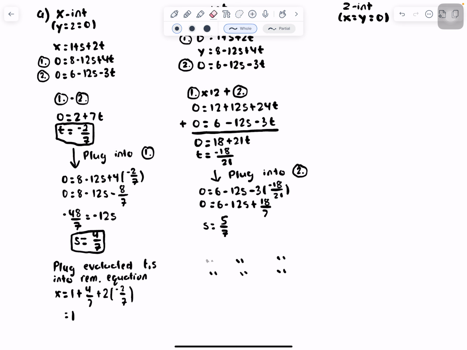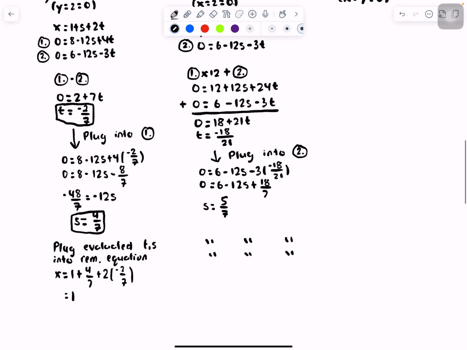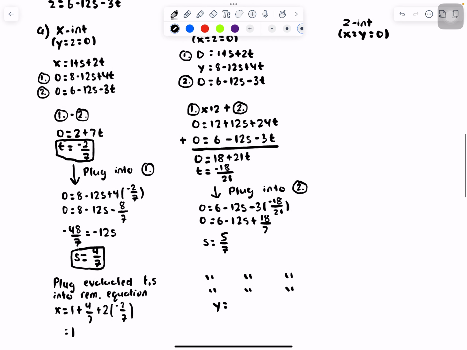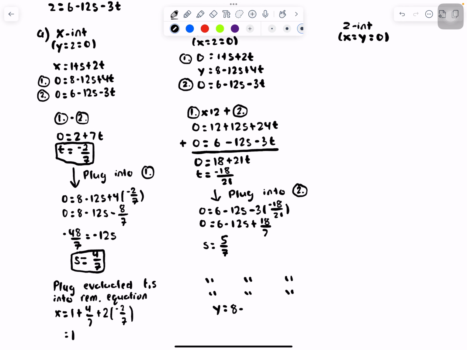I guess I could do something better. Oh, this is going to be annoying. Keep it at that. Okay, so then y equals, what's the y parametric equation? 8 minus 12 times 5 over 7 plus 4 times negative 18 over 21.